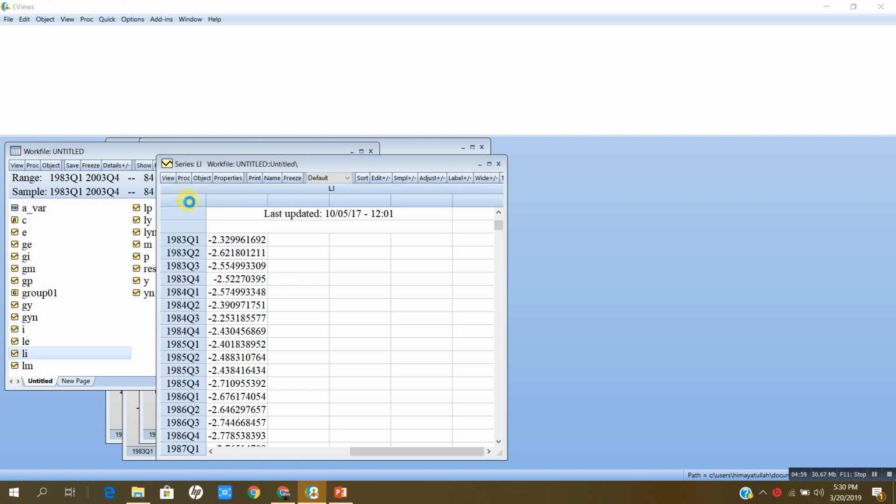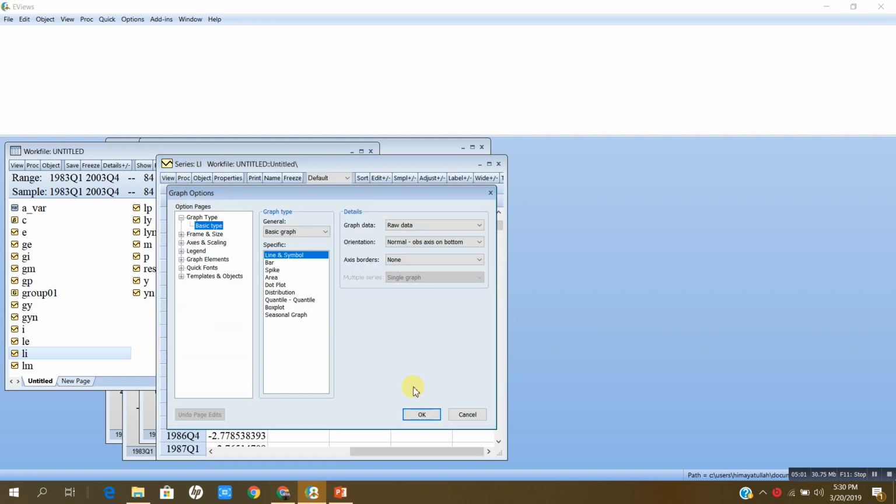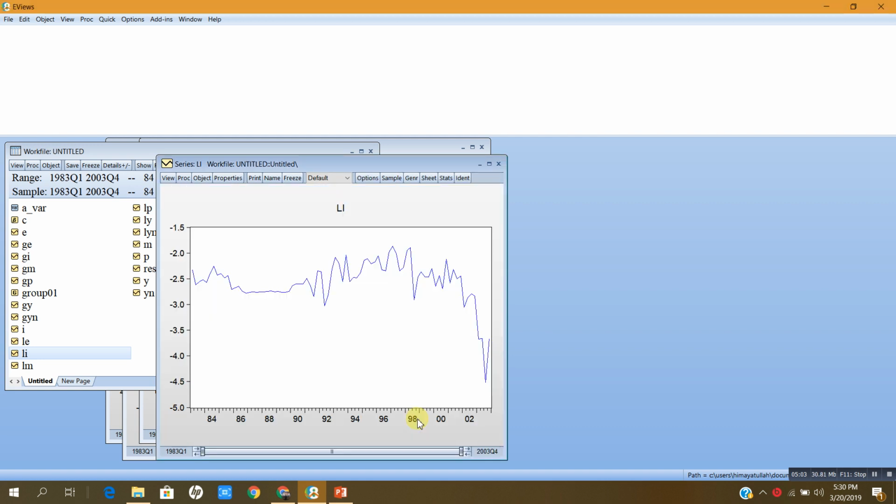So I will have to correct these data because they may have some positive or negative trend. Now in this case, this is the log of imports, and this one is the interest rate, and this has a downward trend. Now let me check the log of export data.